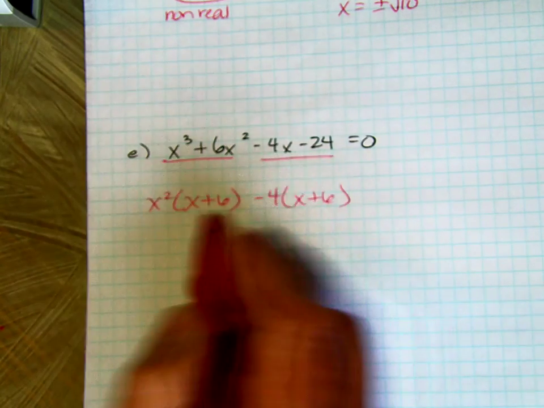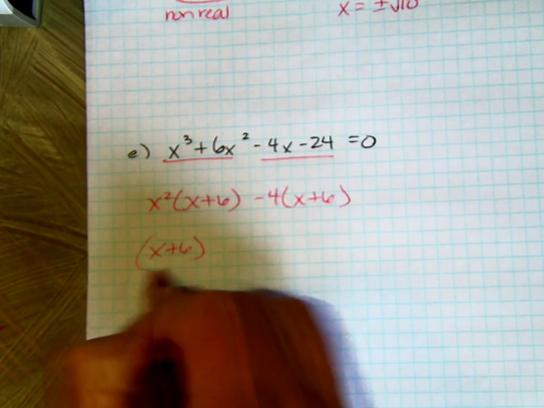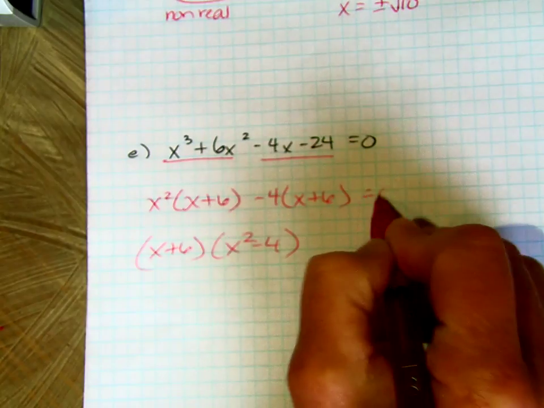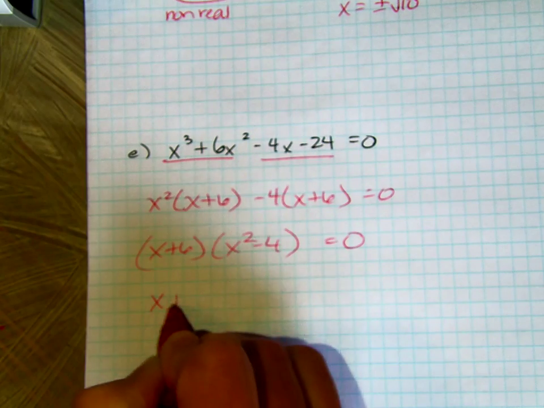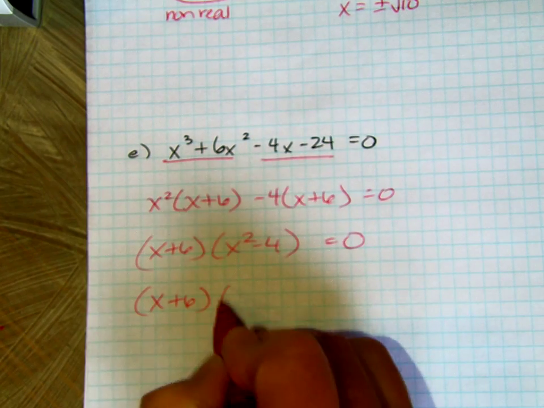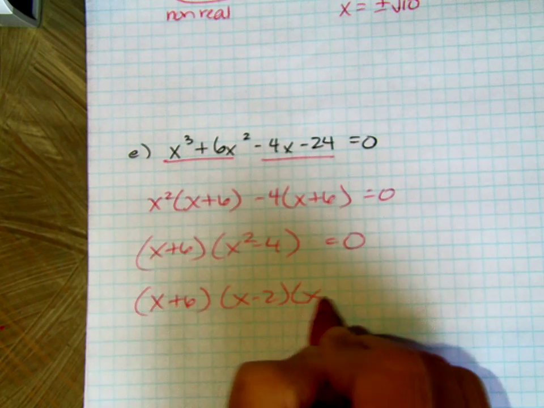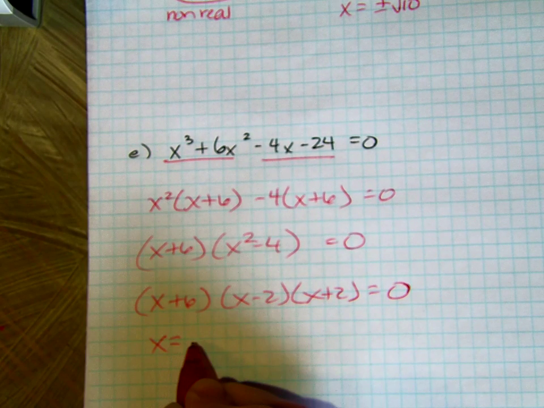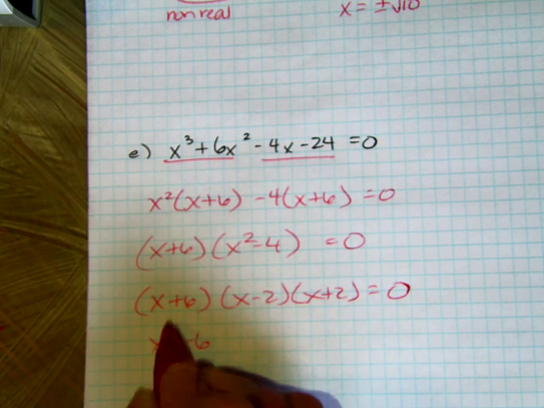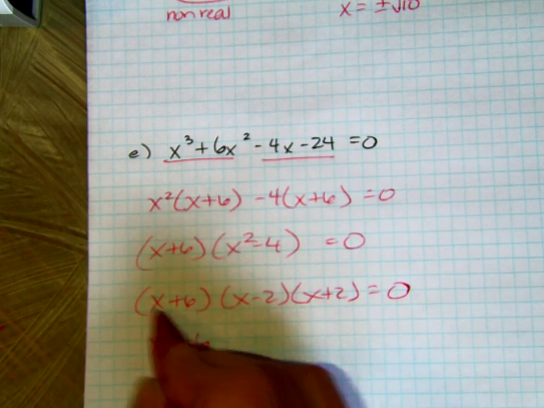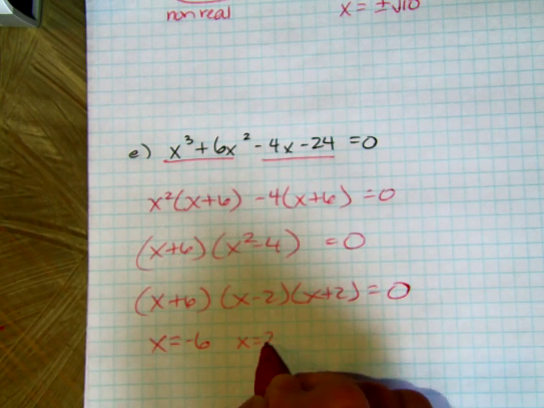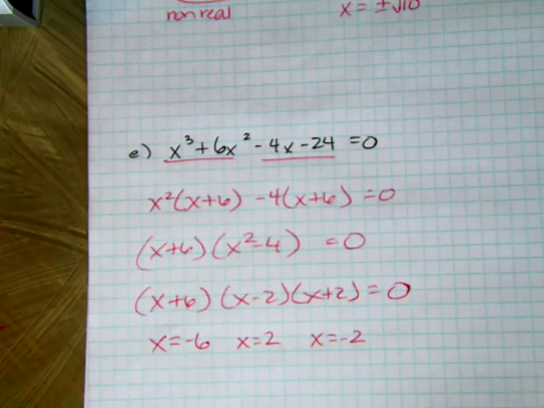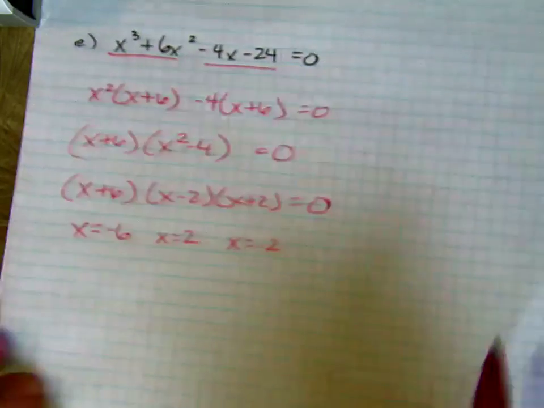So however you want to look at it, I like to think that I'm pulling out the common factor, and what I'm left with is the x squared minus 4, and then x plus 6, and this beautiful perfect difference of perfect squares, and I'm going to shortcut. X will have to be negative 6 to make that factor 0. X will have to be positive 2 to make that factor 0. X will have to be negative 2 to make that factor 0.